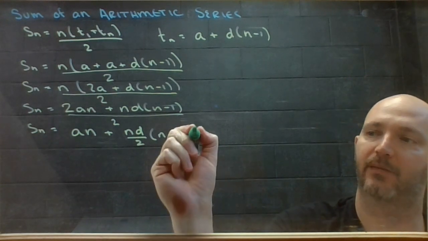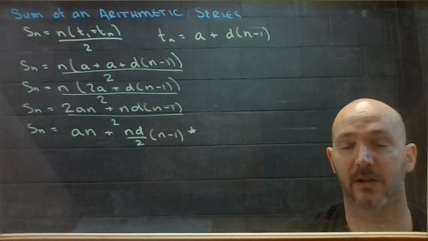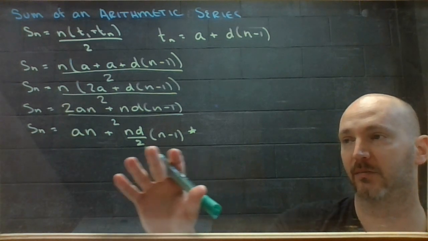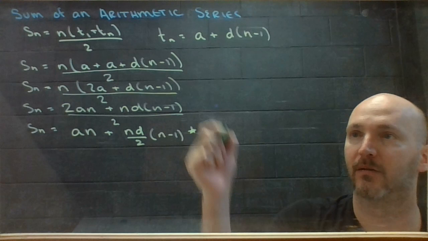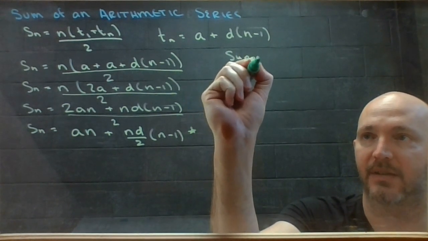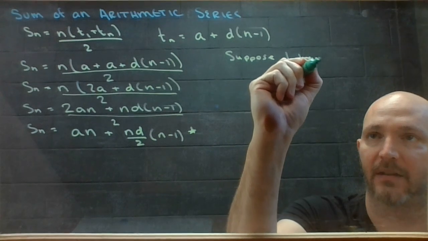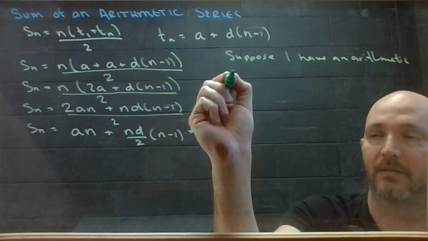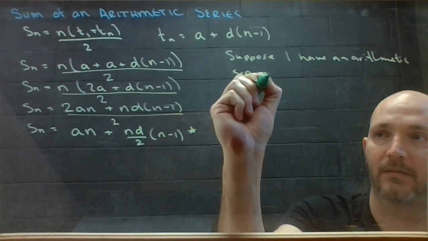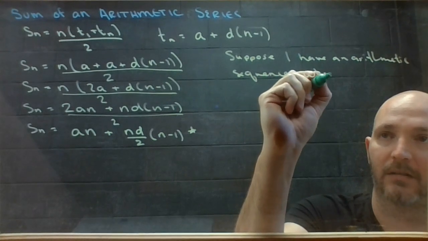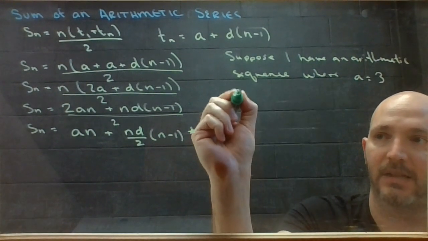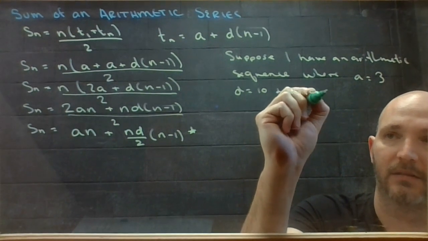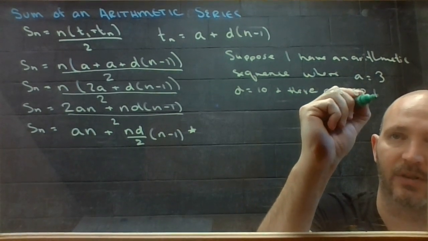All right, so I've got a formula there that has all the pertinent pieces in there, so I can do things without having to do 2 steps. So suppose I have an arithmetic sequence where A equals 3, D equals 10, and there are 52 terms.